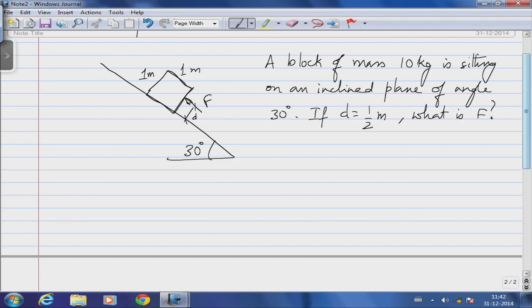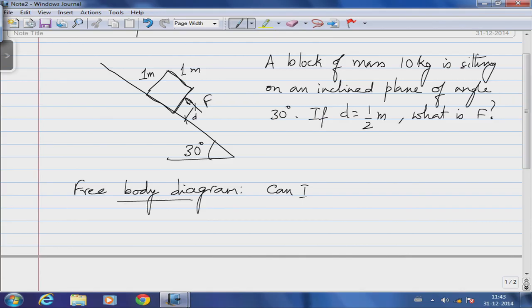The first concept that we have to understand is what is called a free body diagram. The concept is quite simple.